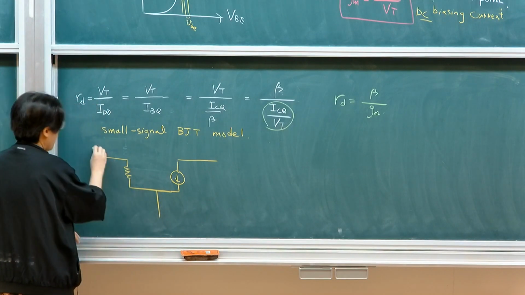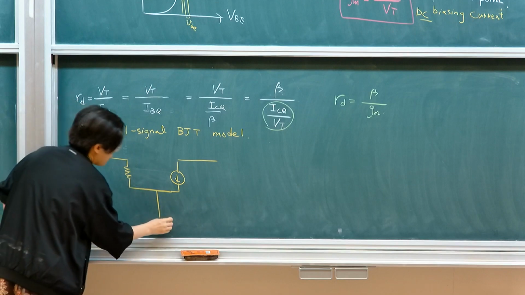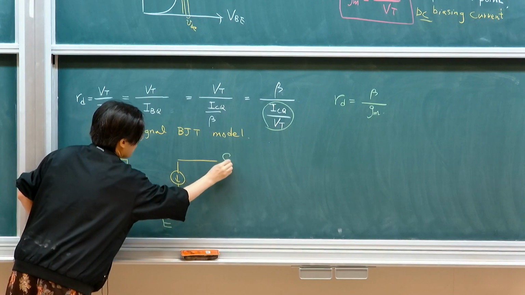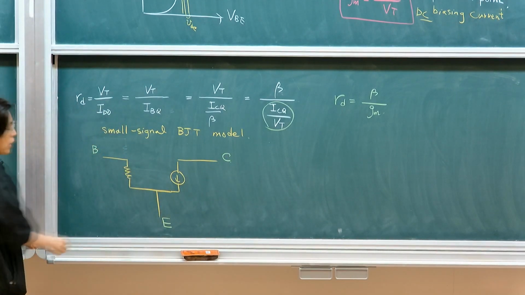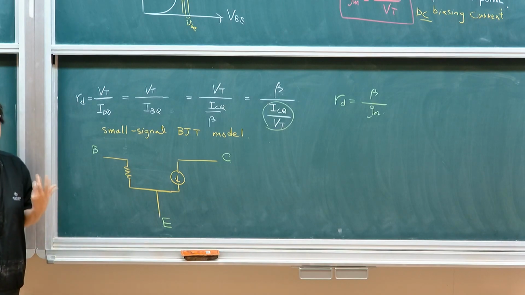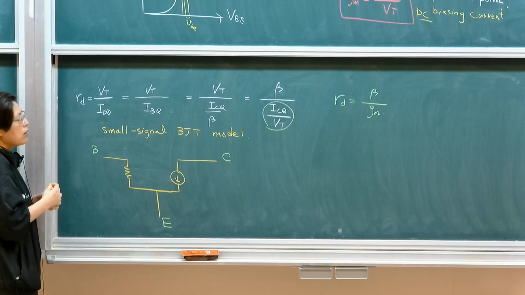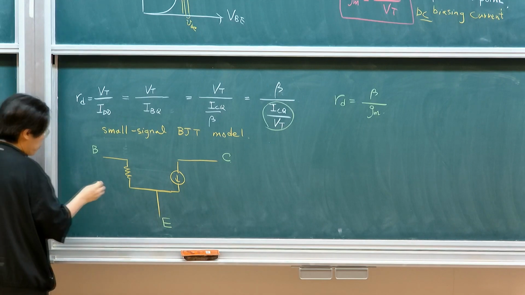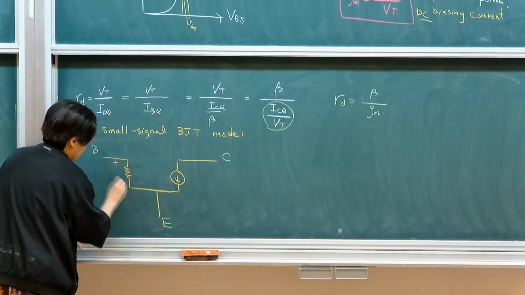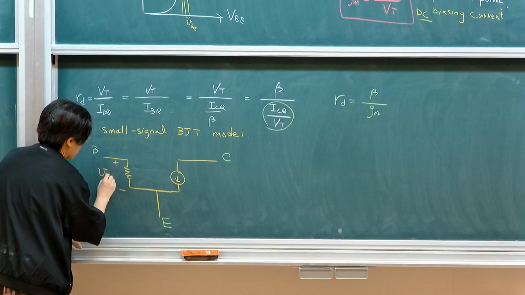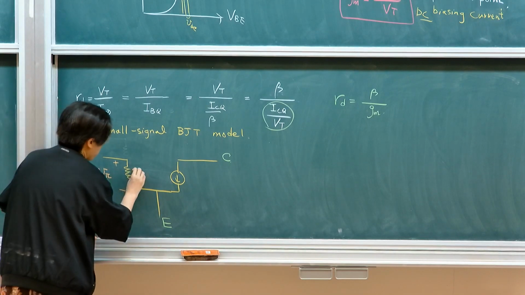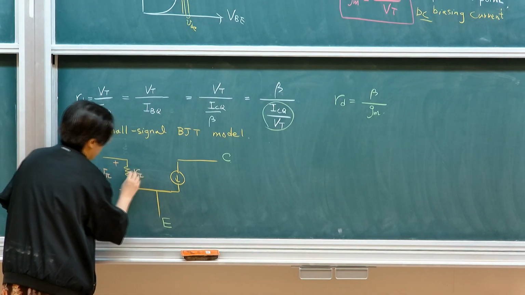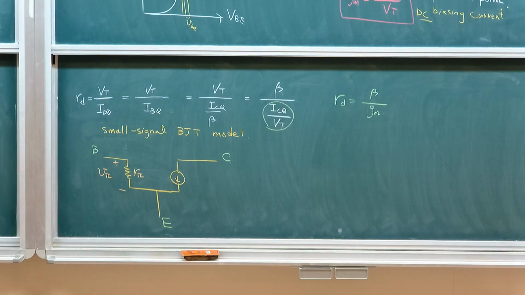So let me highlight the terminal. This is your base, emitter, collector. I have two key parameters instead of having VBE. This is more like the conventional thing. Because this structure looks like a pie, typically we refer to the voltage between this as V pi. This is just a convention. And this is called R pi. The resistance is called R pi.